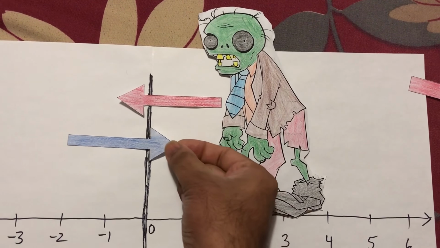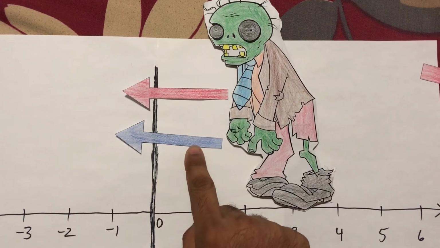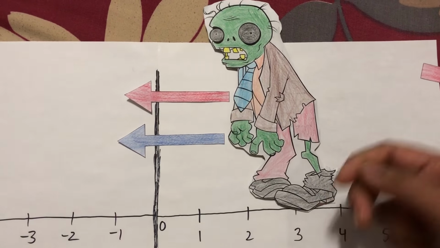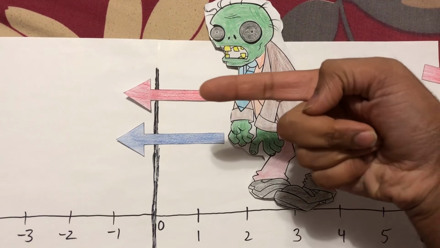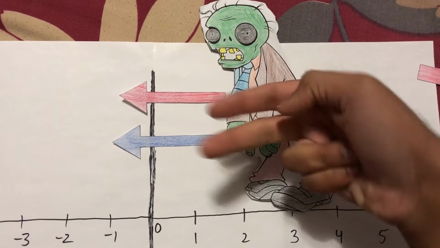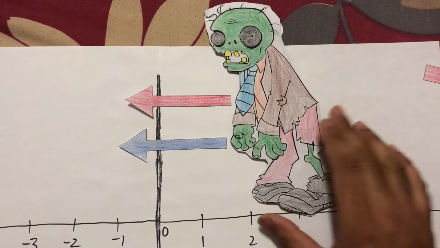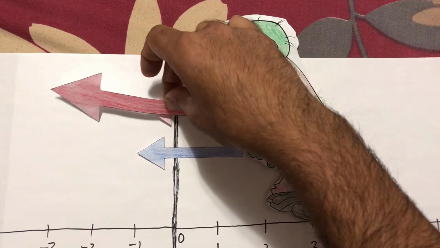But if you push it left, if you give it negative acceleration, now the velocity is negative and the acceleration is negative, it's going to make it get even faster moving to the left side.